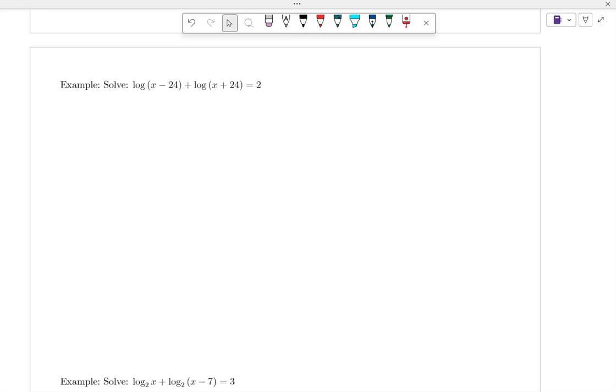That's step 1. Since I have a plus in the middle, we're going to make it multiplication. So we'll have log of x minus 24 times x plus 24, and that equals 2 on the other side, right? Now we have a single log. What's the next step?